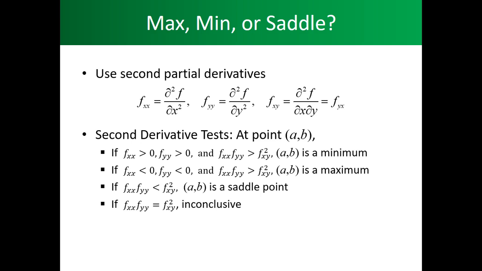If the second partial derivative with respect to x times the second partial derivative with respect to y is equal to f sub xy squared, then it's inconclusive.